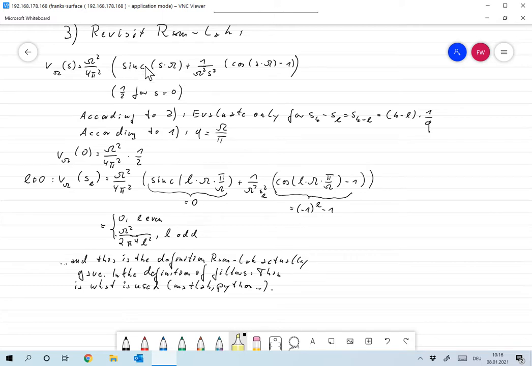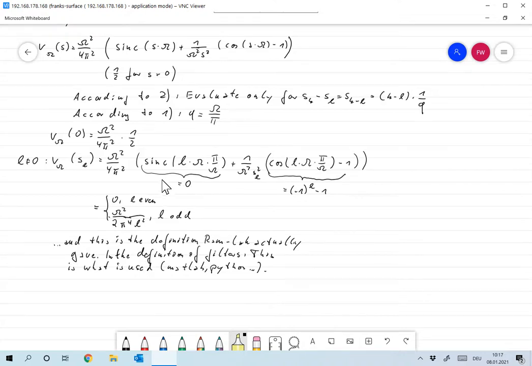Now I just insert over here, and then we have V omega of SL is omega squared over 4 pi squared times L times omega times Q, which is omega over Q, excuse me. So that's L times omega times pi over omega plus 1 over omega squared SL squared cosine of L times omega times pi over Q minus 1, and that's it.